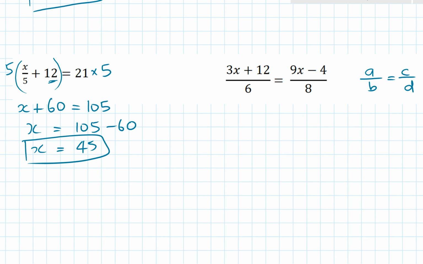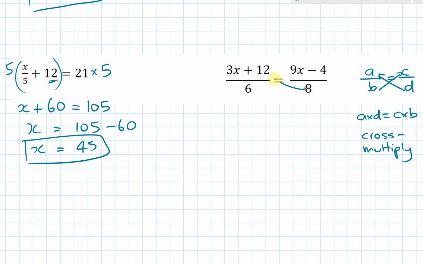So as long as both sides of the equal sign are fractions, then that d there multiplies that a, that b multiplies that c. So we end up with a times d is equal to c times b. So this is called cross multiplying, and you can do that when both sides of the equal sign are fractions.